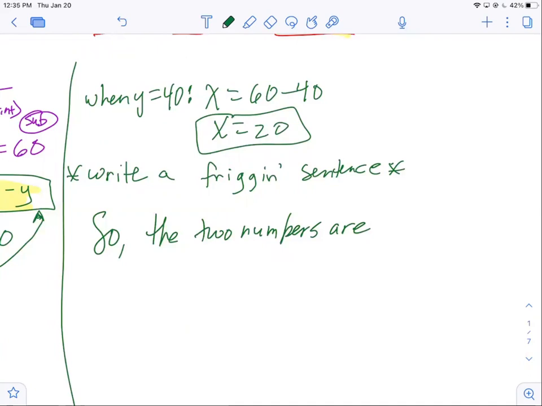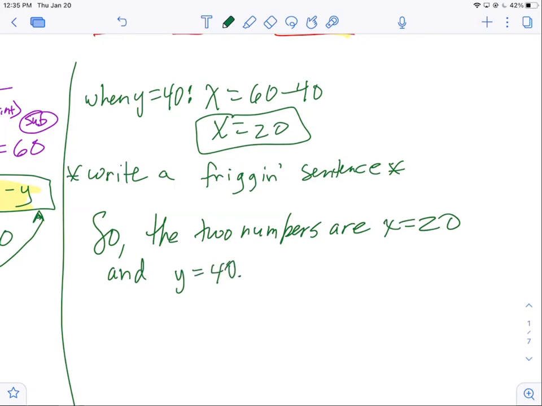Well, if I don't put the labels, how would I know which one to square? It's the product of one of them times the other one squared. If you just give me the two numbers, I don't know which one to square. Just keep your labels attached to them. So the two numbers are x equals 20 and y equals 40.